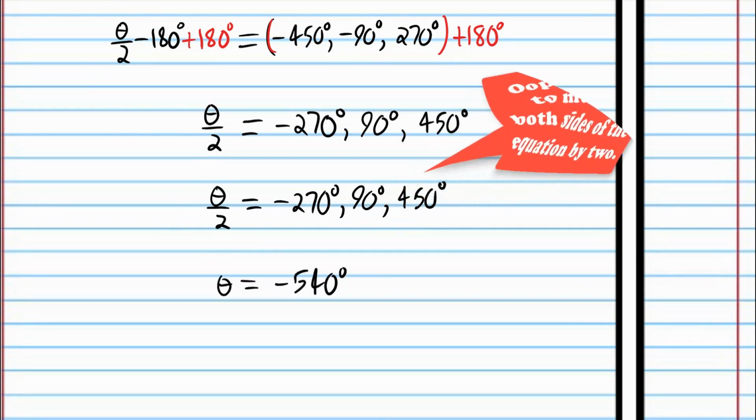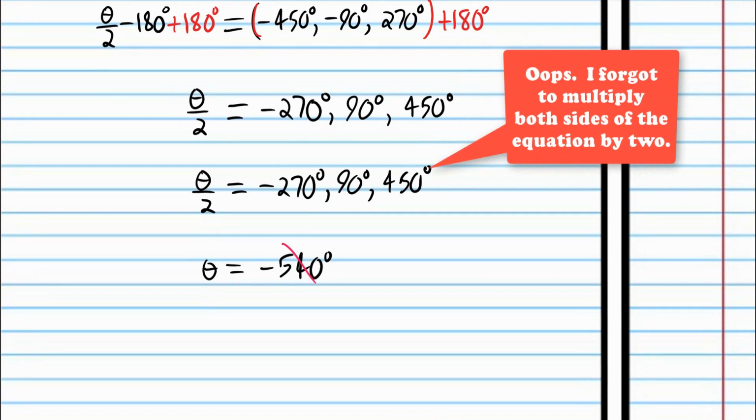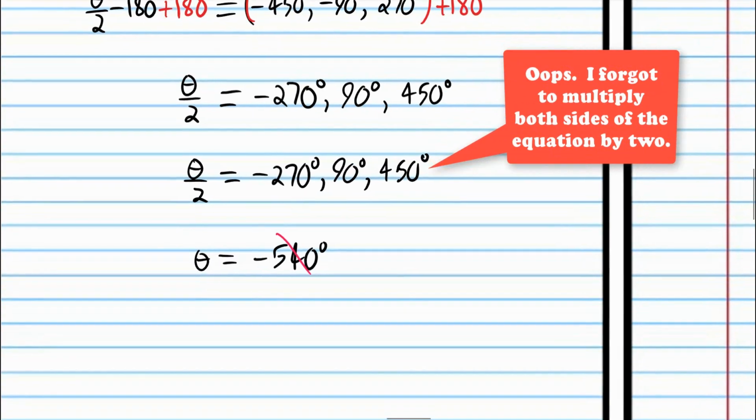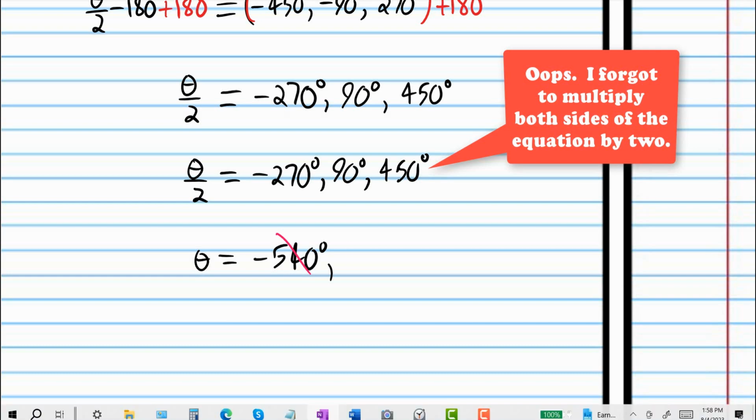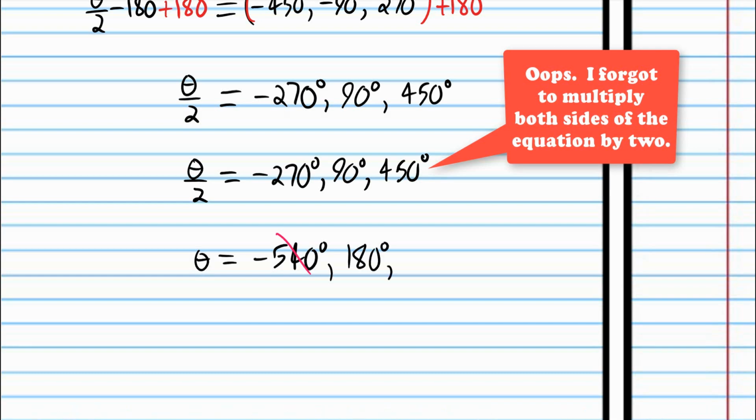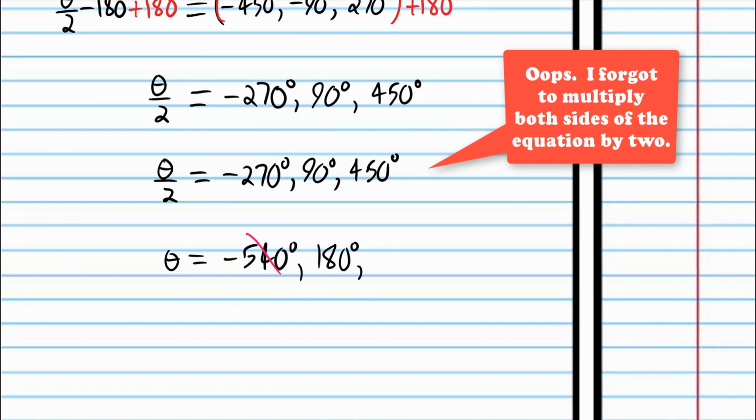So that does not lead us to an answer, because theta has to be between 0 and 360. Then we get 180. That is going to be an answer, because that's between 0 and 360, and 450 times 2 is 900. That's not going to lead us to an answer.